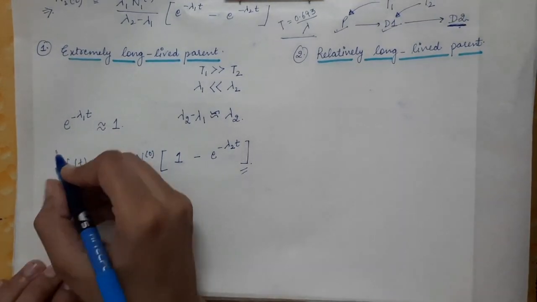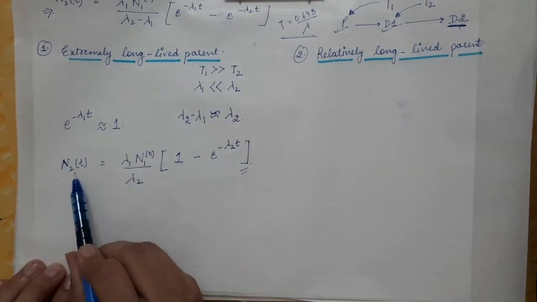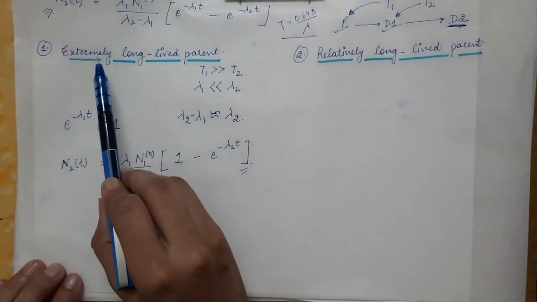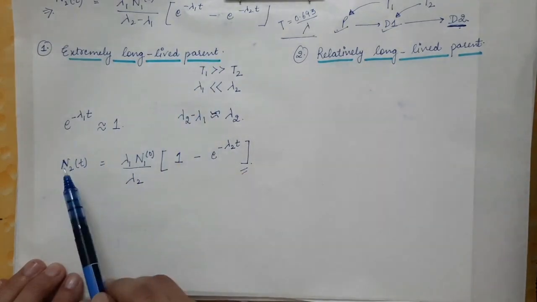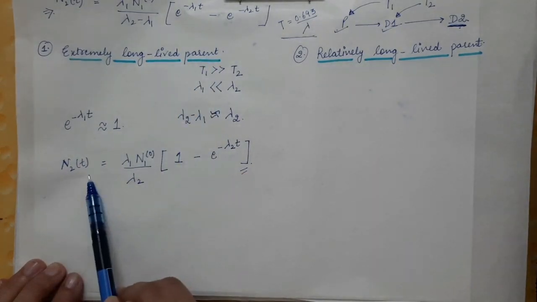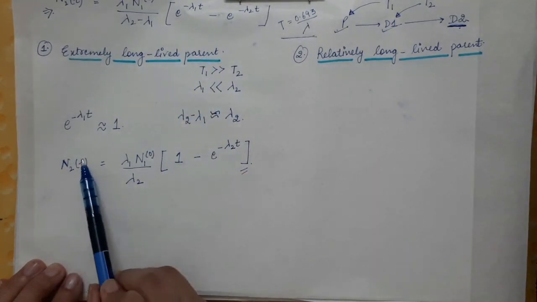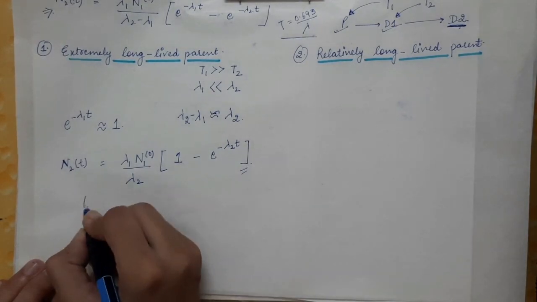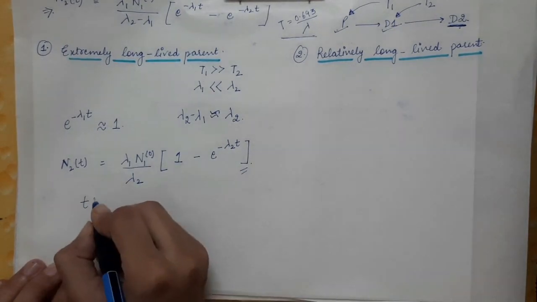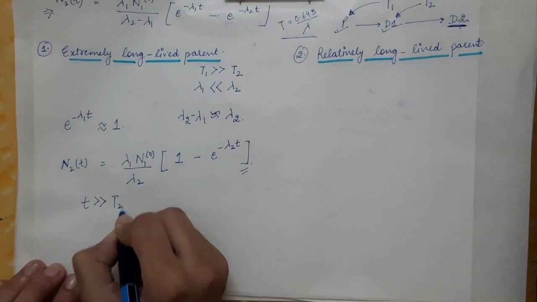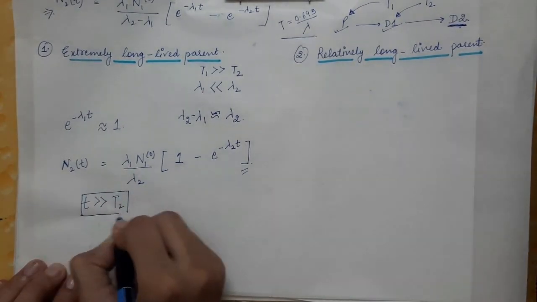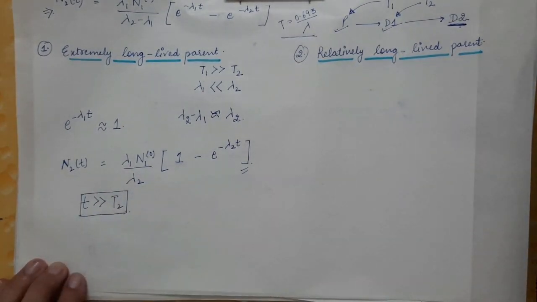Now, we are finding the number of daughter nuclei in the sample for the extremely long lived parent at a time t which is very much greater than T2. So this is another condition we are putting over here.